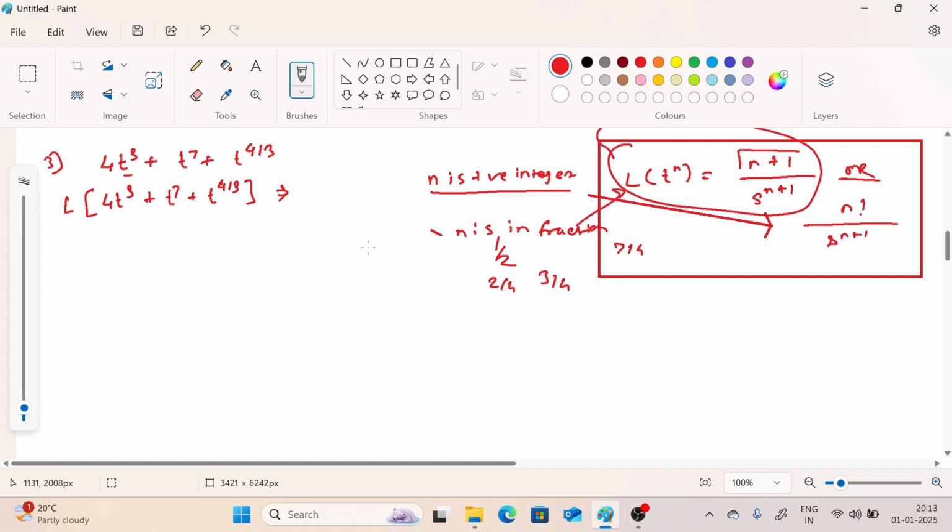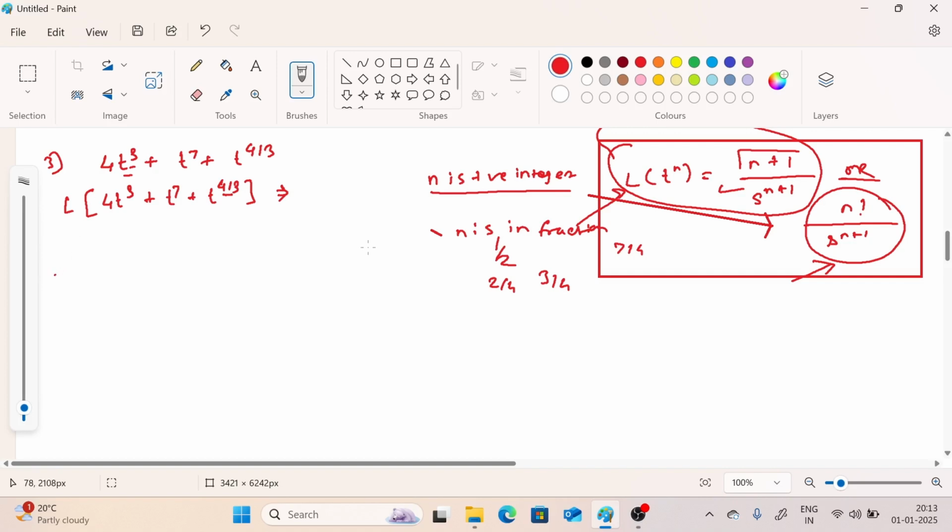And in the rest of the cases, you can utilize the n factorial one. Now here 3 means we are going to use the formula n factorial upon s raised to n plus 1. And here we have 4 by 3, so we will use the gamma formula. So it's simple, no need to worry about this.